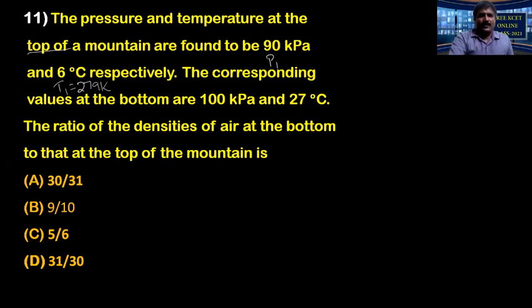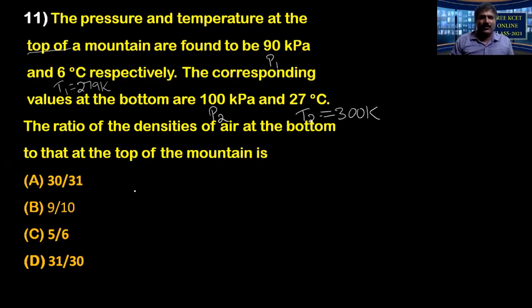Now the final pressure P2 is 100 kilopascal and the final temperature T2 is 27. You can write 27 plus 273 as 300 Kelvin.